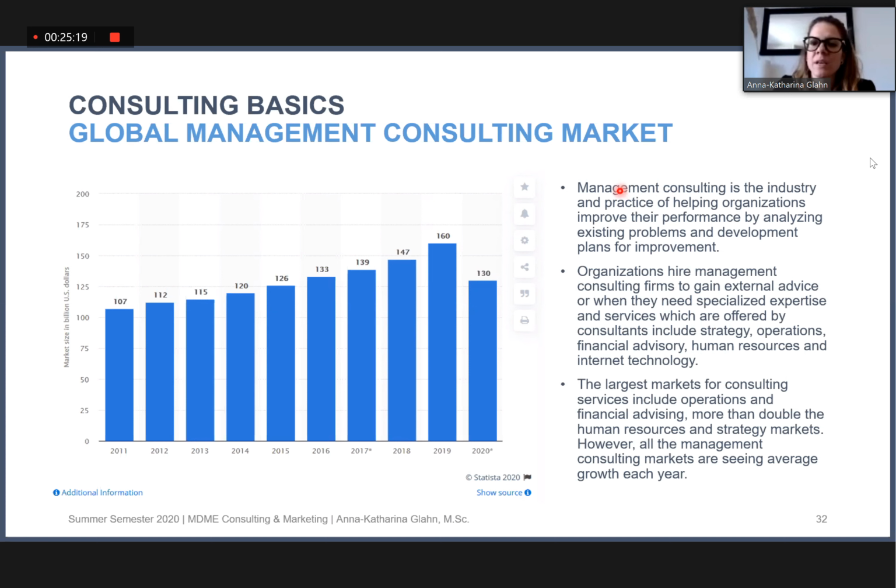What they say is that management consulting is helping organizations to improve their performance by analyzing problems and developing plans for improvement. What I'm not sure about is if, for example, IT development projects and so on are also included, or if it's more focused on strategy consulting and process organizational consulting.